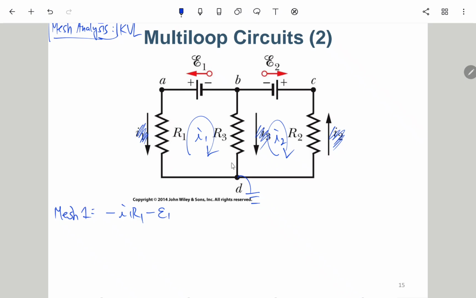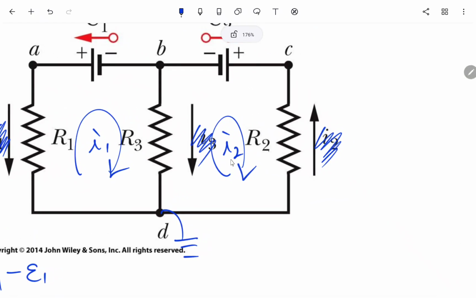And then from here to here, this is a little bit tricky. For R3, we have I1 from top to bottom, and I2 from bottom to top. This is clockwise, so we have I2 like this and I1 like this.